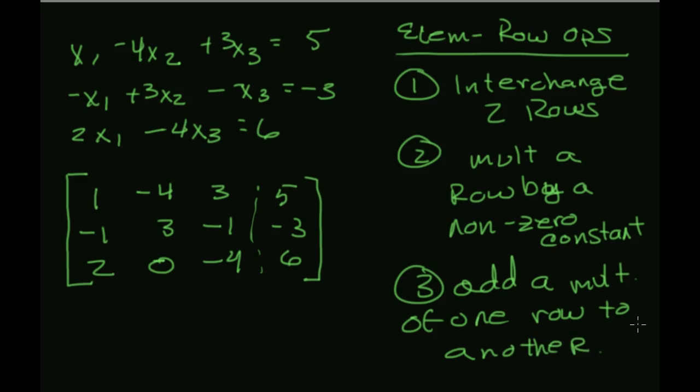Those were the three things that we could do to a system of equations and not change its solution. Likewise, these are three things that you can do to an augmented matrix and not change the solution of the system that it represents.